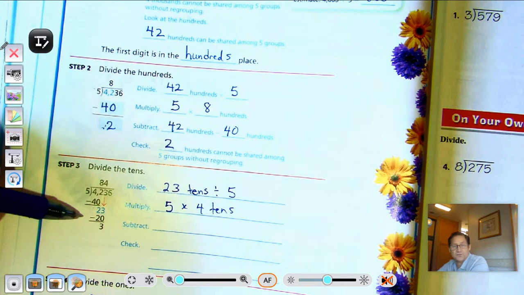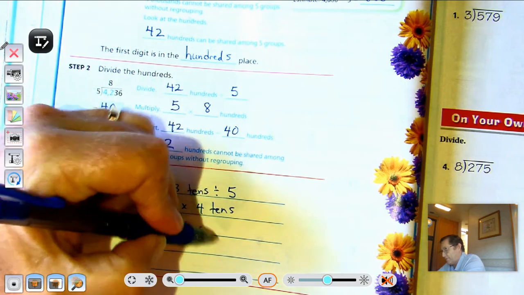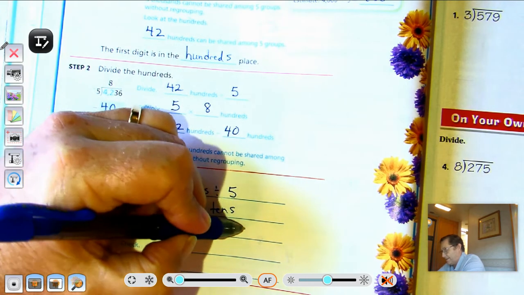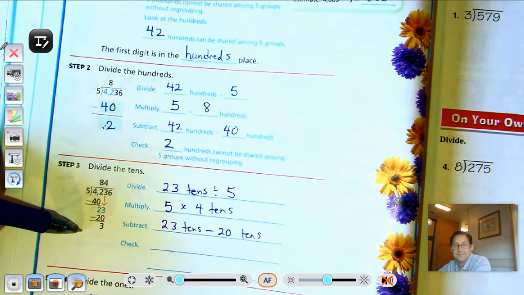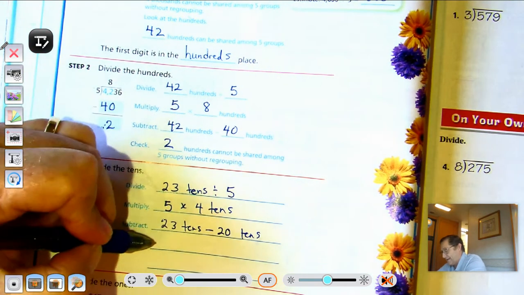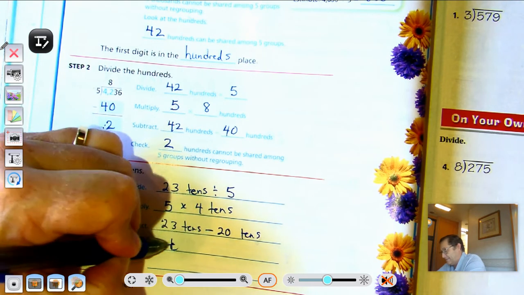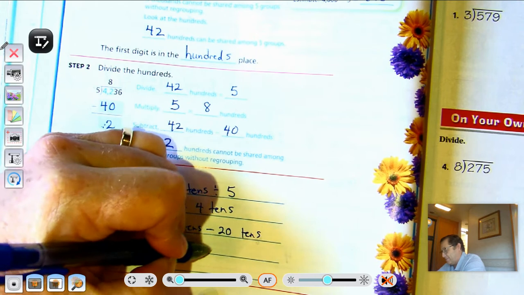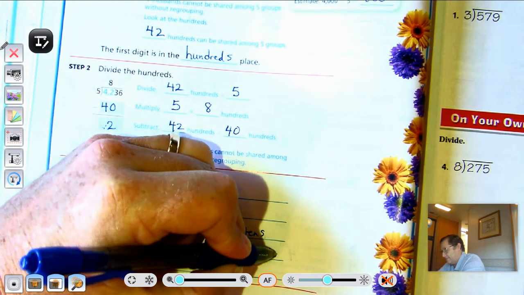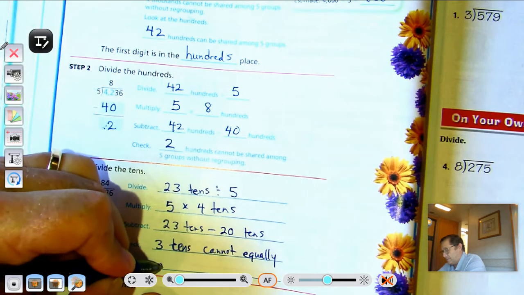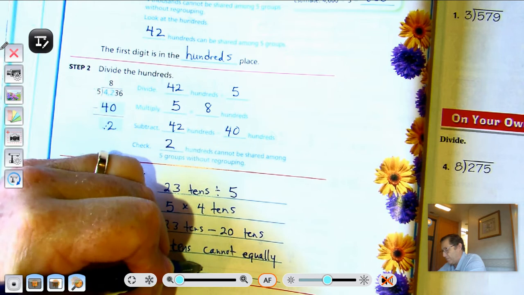So we're going to subtract 20 from 23. 23 tens, take away 20 tens, will leave us with 3 tens. So we're going to check that, and 3 tens cannot be shared equally among 5 groups without regrouping.